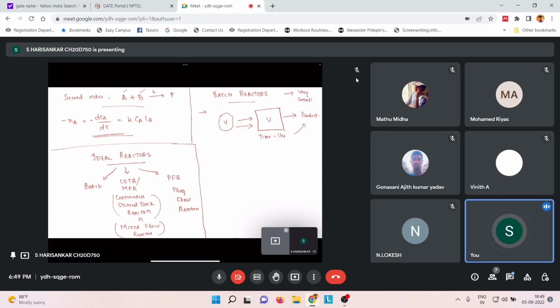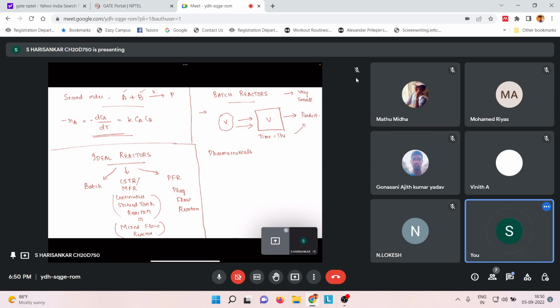So usually batch reactors are not used in industrial scales. Some places where batch reactors are used are pharmaceutical industries.